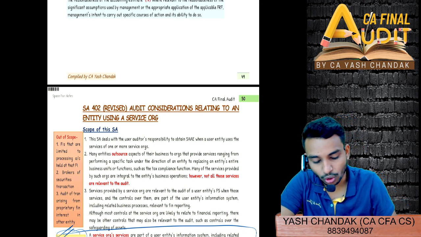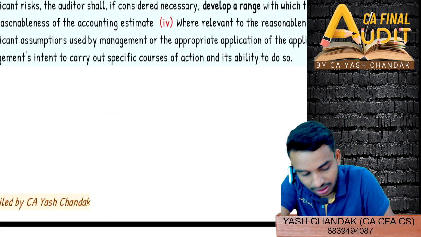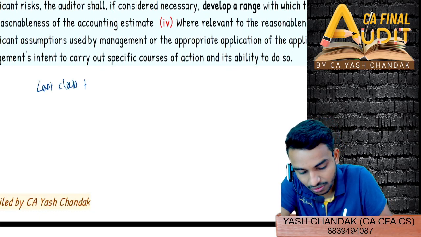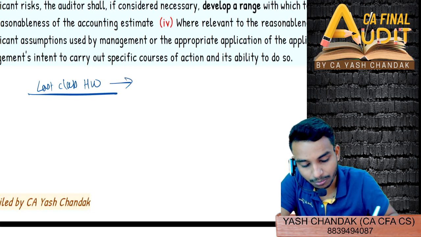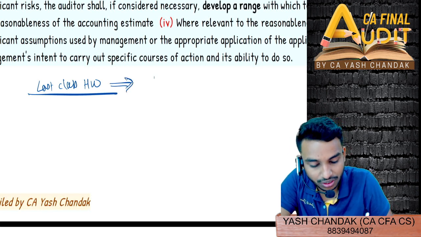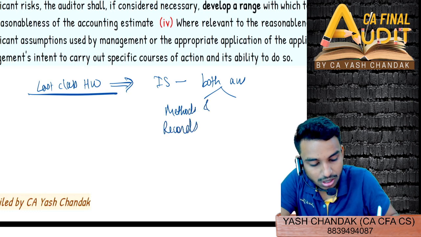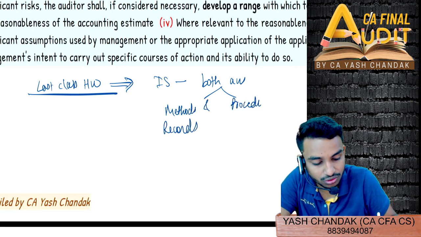So for those who have joined, again I'll tell you, last class homework, which you might not have done, surely you have not done it. Last class homework was information system, both answers. One was methods and records, and one was procedure and records.